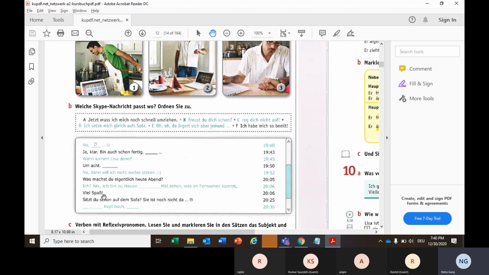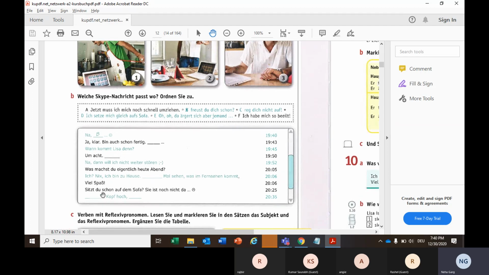And then, like here, they had the conversation, and after almost 20 minutes, the friend messages again. Sitzt du schon auf dem Sofa? Sie ist noch nicht da. That he's still sitting on the sofa and she's still not there. The friend did not come whom he was waiting for.